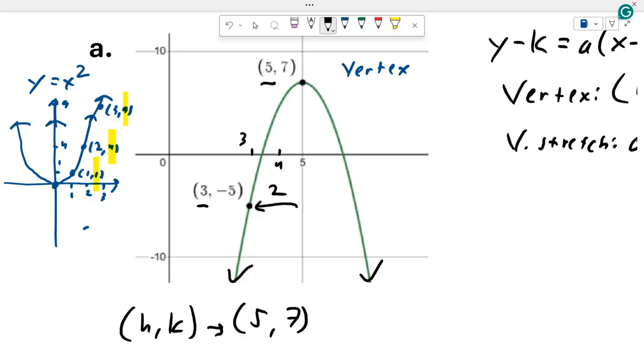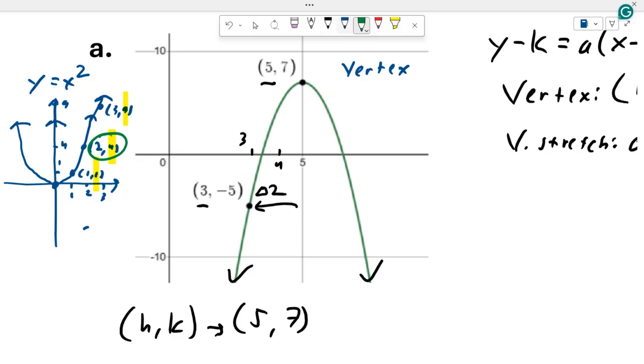I'd encourage everyone to make sure you can see that from the vertex, the other data point that I have has an x value that has changed by 2. So a change of 2. In the parent parabola, when my x value changes by 2, my y value changes by 4.